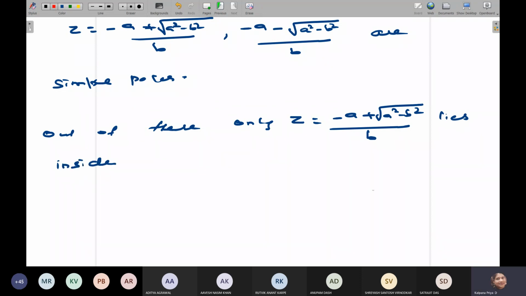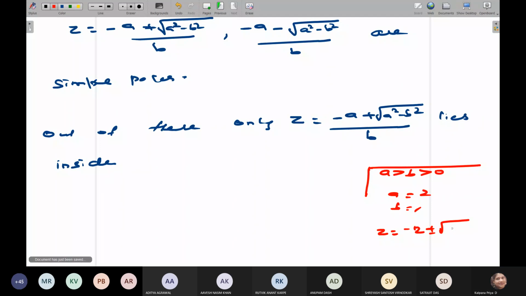Okay, how are we finding it? What is the condition? Both a and b should be positive. That is very important. Okay, that is the first condition. Another thing, a should be more than b. Start with the very minimum and verify. Substitute in this: minus 2 plus or minus root of 4 minus 1, so minus 2 plus or minus root 3.